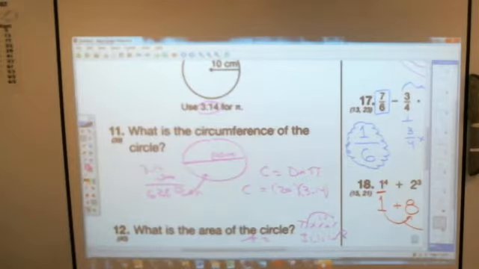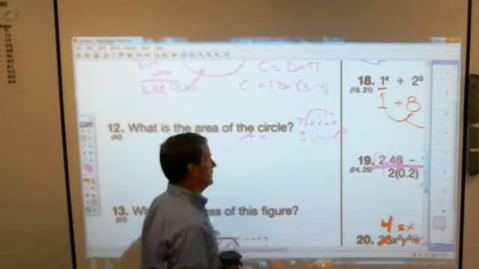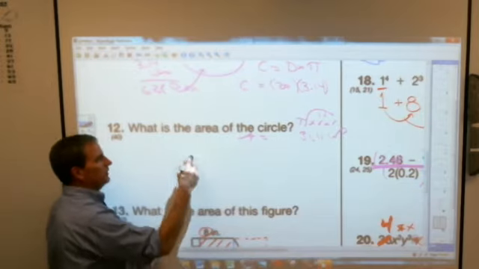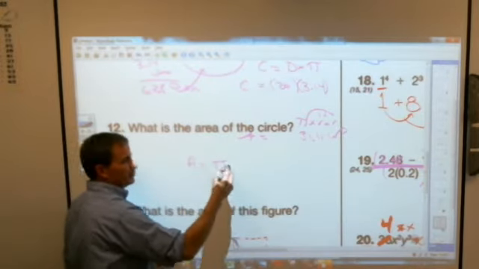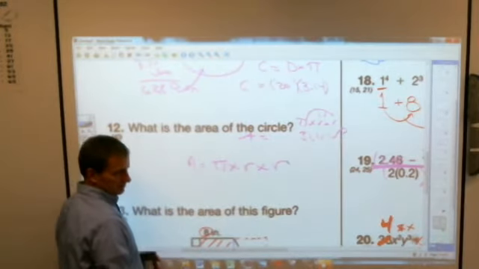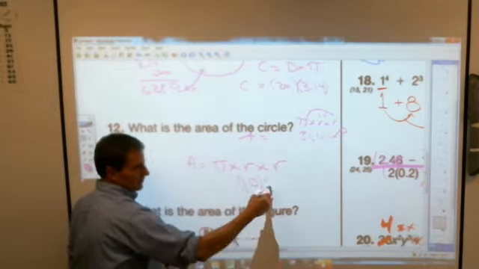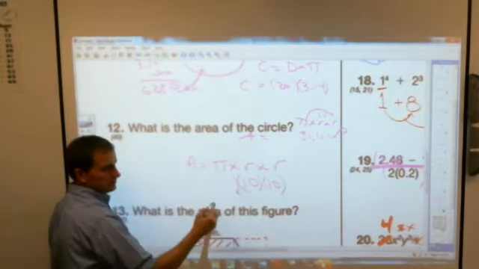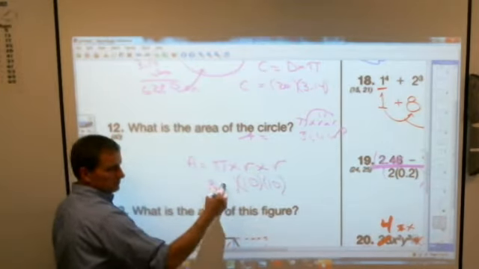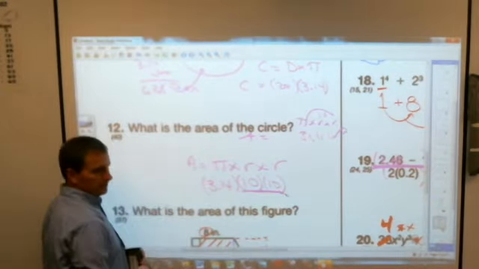Connor? How big is number 12? You wrote down the formula, Connor? And so area equals pi times radius, right? What is the radius? 10, and you had that? Yeah. And what is pi? 3.14. Okay, and you multiply this, what is 10 times 10? 100.